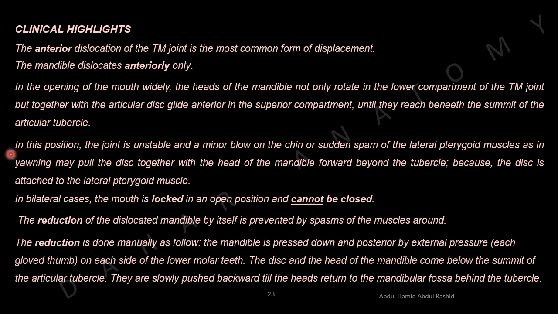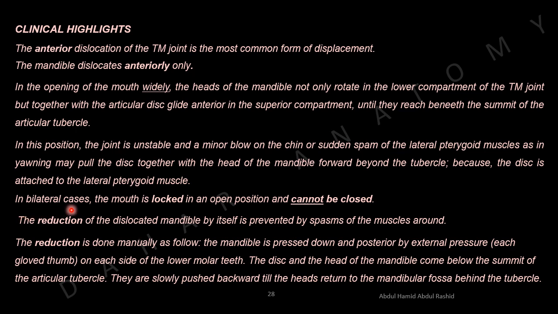In this position, the joint is unstable and a minor blow on the chin or sudden spasm of the lateral pterygoid muscles, as in yawning, may pull the disc together with the head of the mandible forward beyond the tubercle, because the disc is attached to the lateral pterygoid muscles.